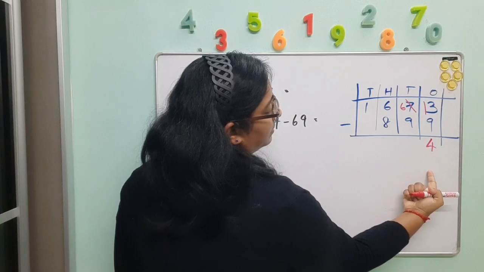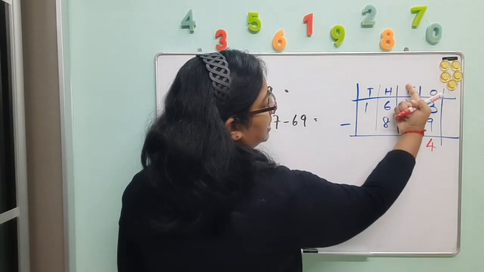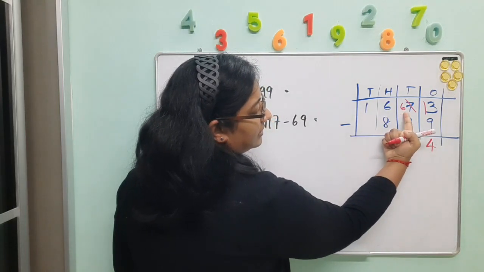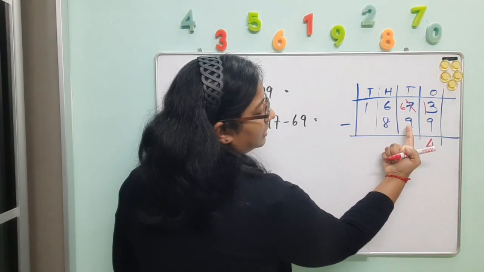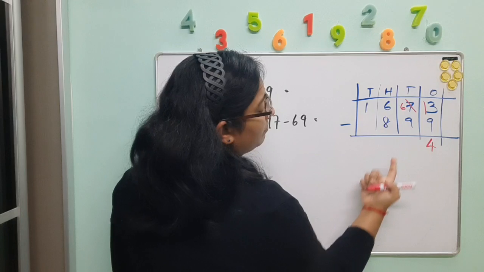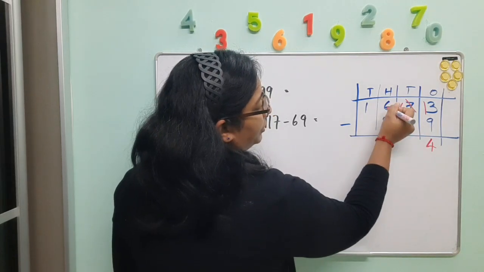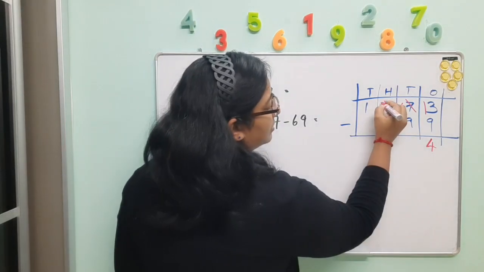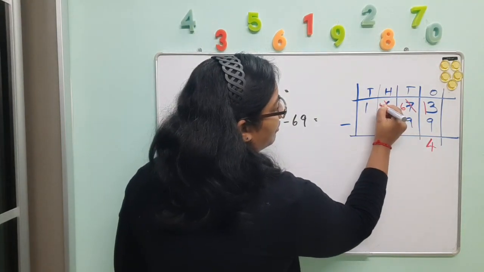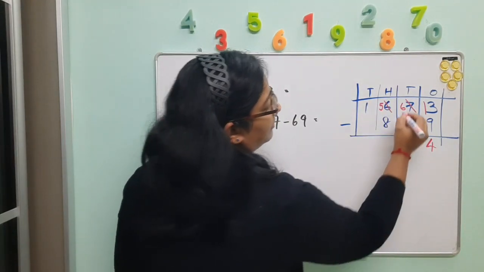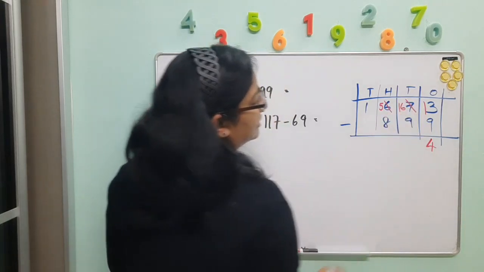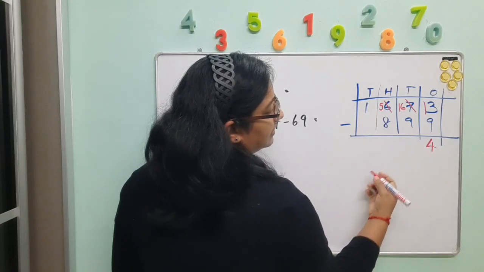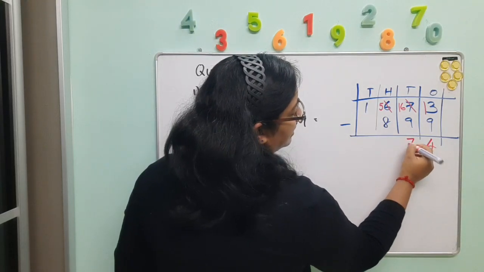So we are done with the ones place value, move on to 10. So 6 minus 9, again 6 is smaller than 9. We are going to borrow again from the next place value, so it becomes 5 and we're going to add it as 16 here. So 16 minus 9 is 7.